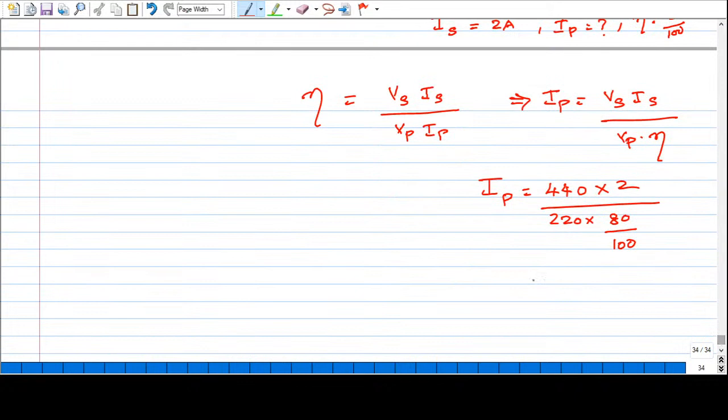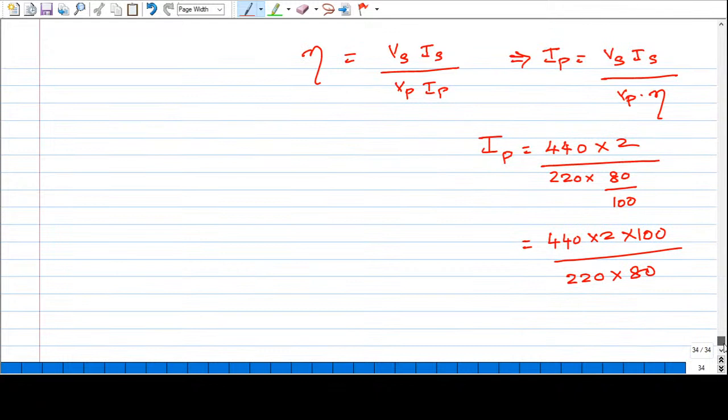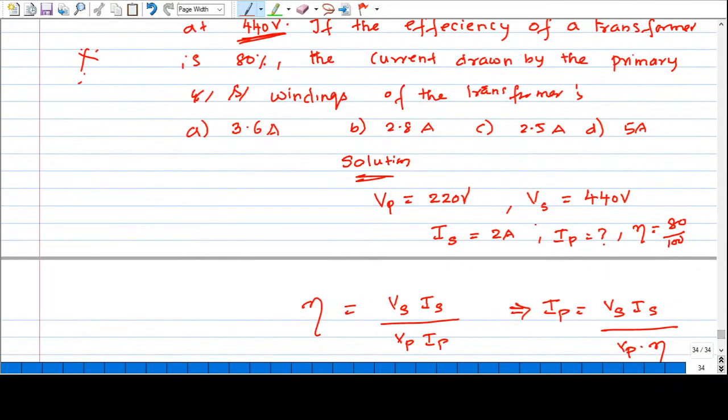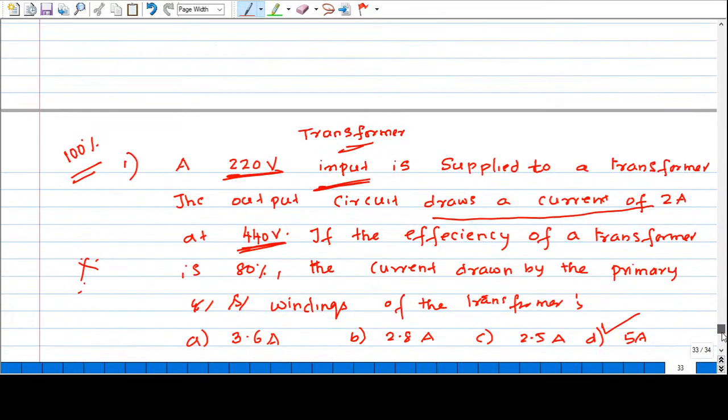This 100 will go to the top: 440 into 2 into 100 divided by 220 into 80. If you simplify this, you will get the answer as 5 ampere. The option lies in option D. We have finished the first question.